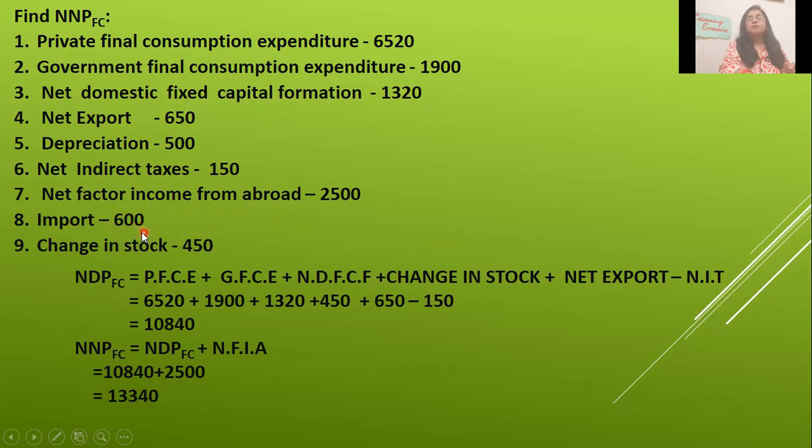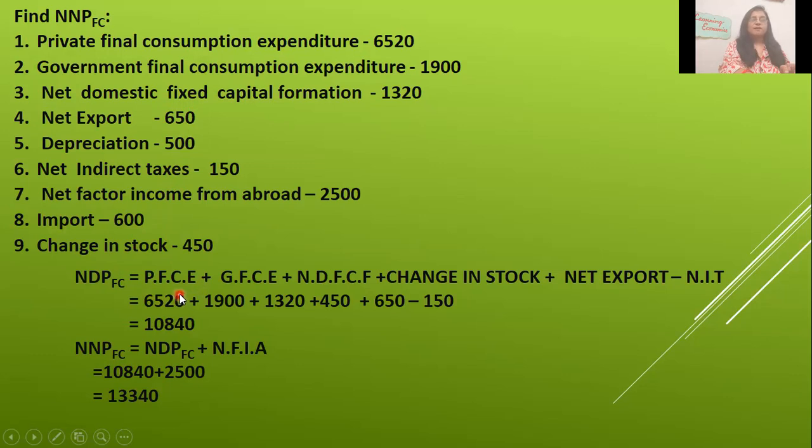This can be done to confuse you, but if net export is there, then you don't require import. You require import only if export is given and net export is not given. So if the net value is not given, then you require to deduct import from export. But if net export is already given, then you don't require it. And you can see change in stock is also given because it is required. It is written fixed, so you require to add change in stock.